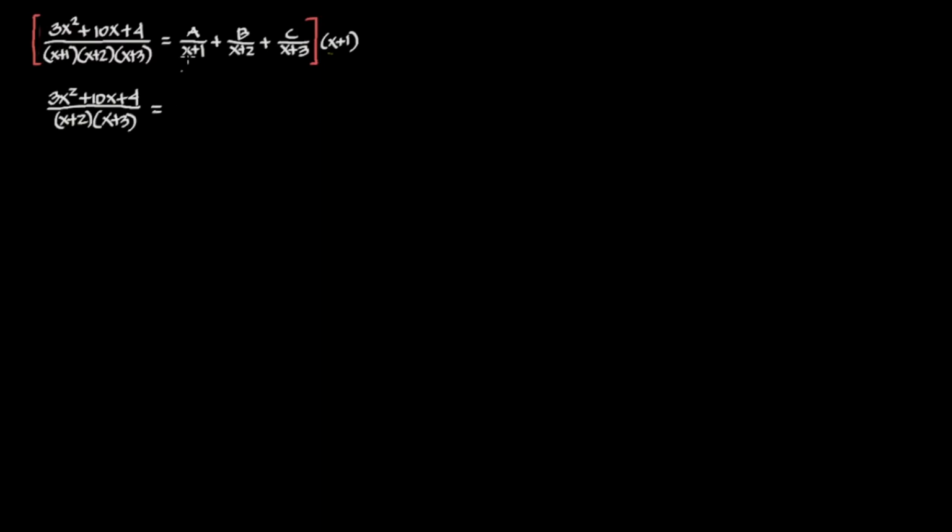Sa kabila naman, itong term na to multiplied by x plus 1, so ang matitira is A. Then next, itong term times x plus 1, we have B times (x plus 1) all over (x plus 2). Then we have C times (x plus 1) over (x plus 3).